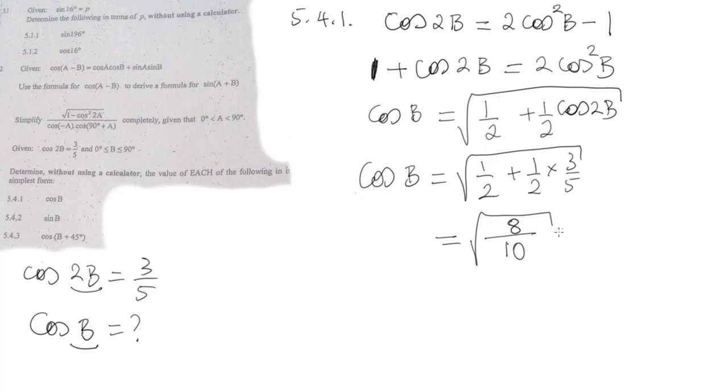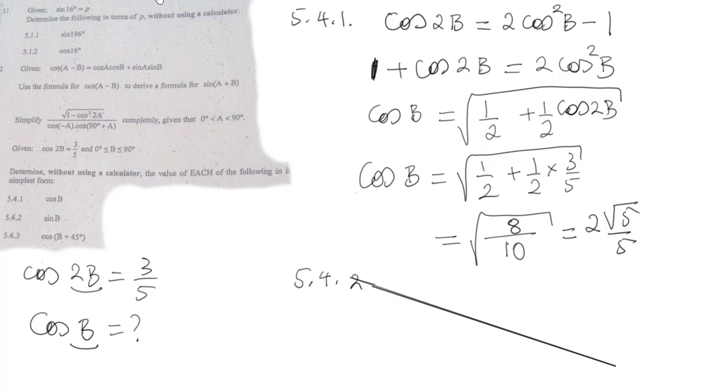So here we have an 8, okay? So after calculation, you find that we have 2 root 5 over 5. We have 2 root 5 over 5.